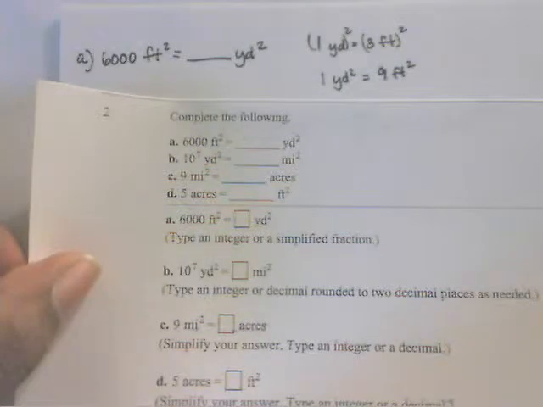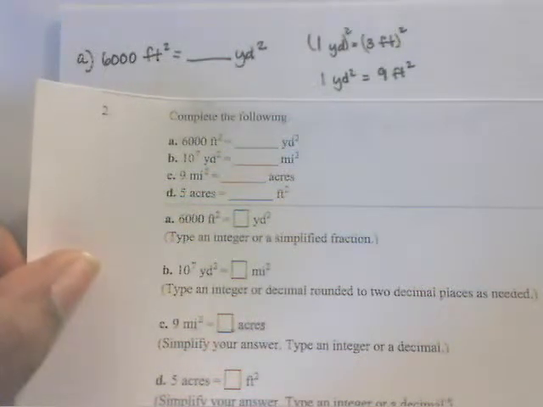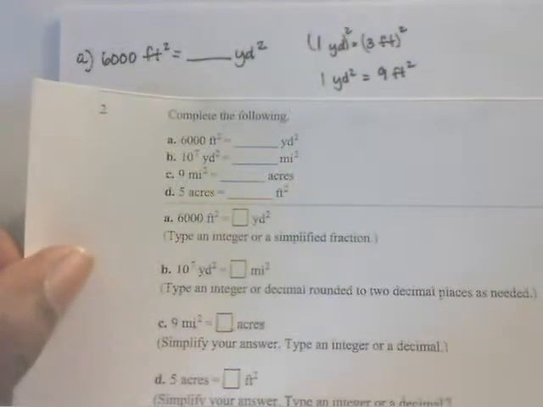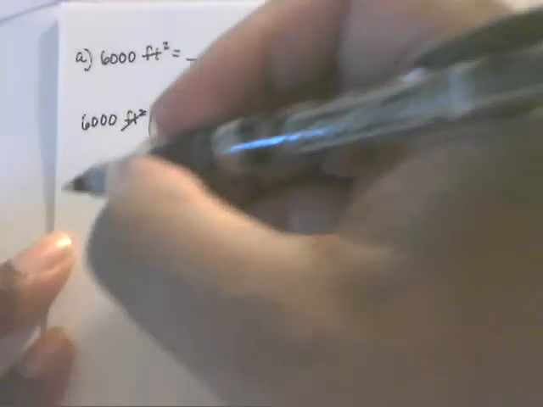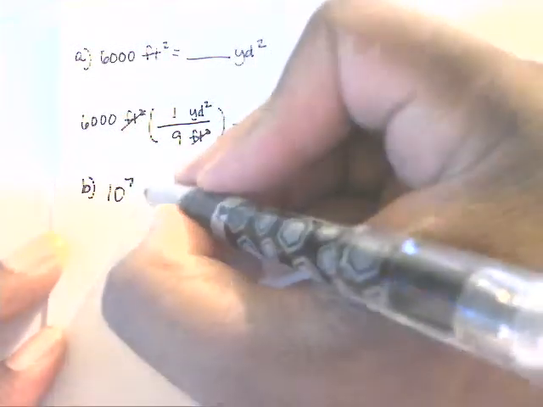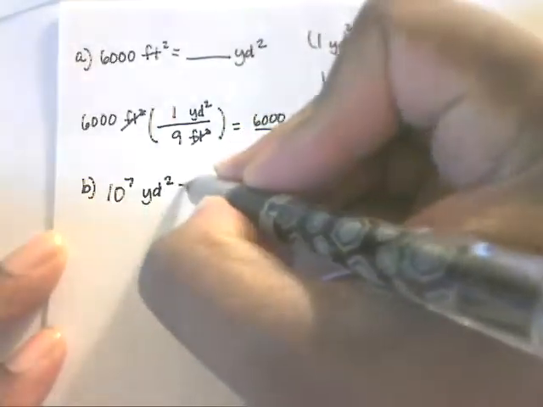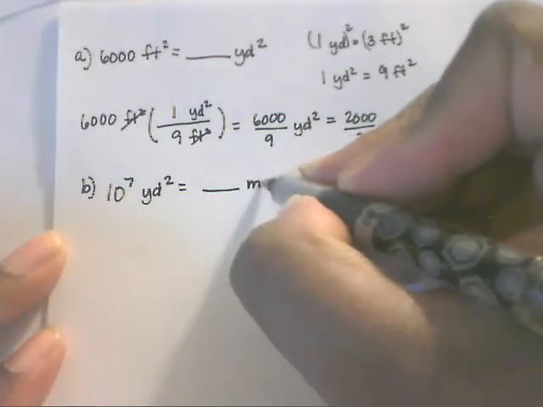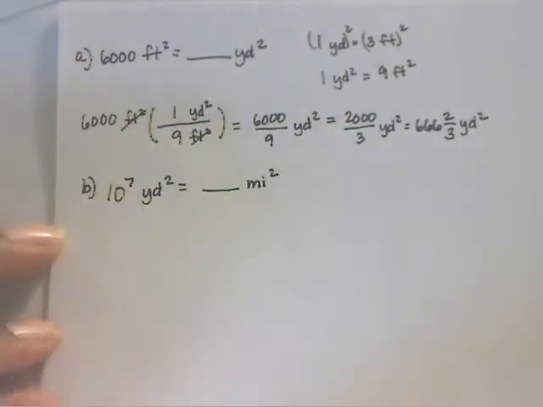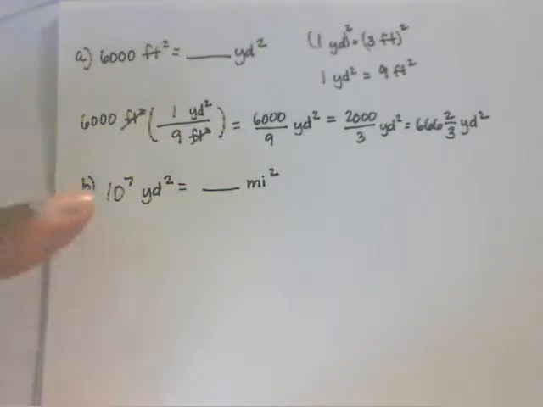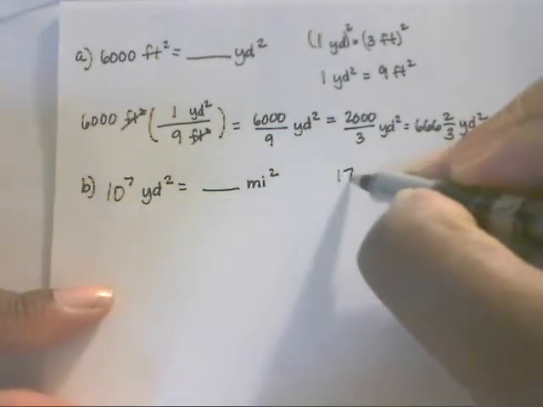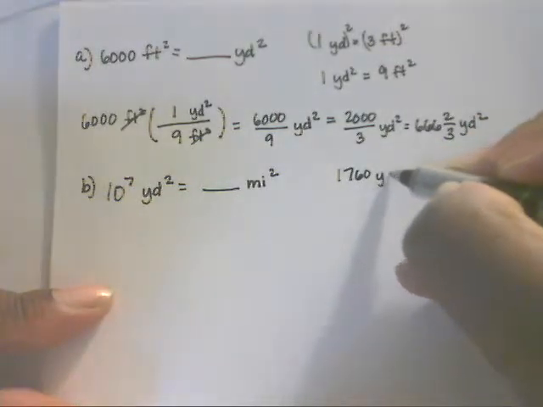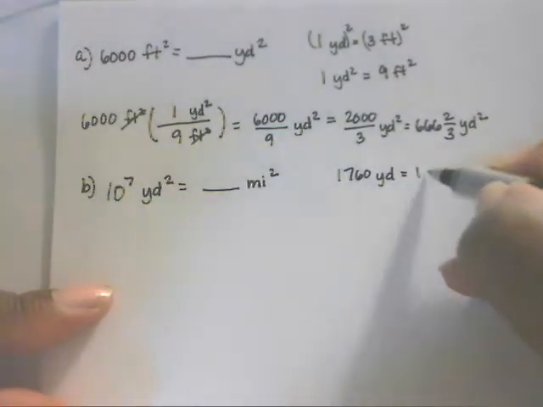Okay, the next one is 10 to the 7th square yards is equal to how many square miles? Okay, now they have this in exponential form. 10 to the 7th. And that's equal to how many square miles? Okay, now in this case here, I know that 1,760 yards is equal to 1 mile.